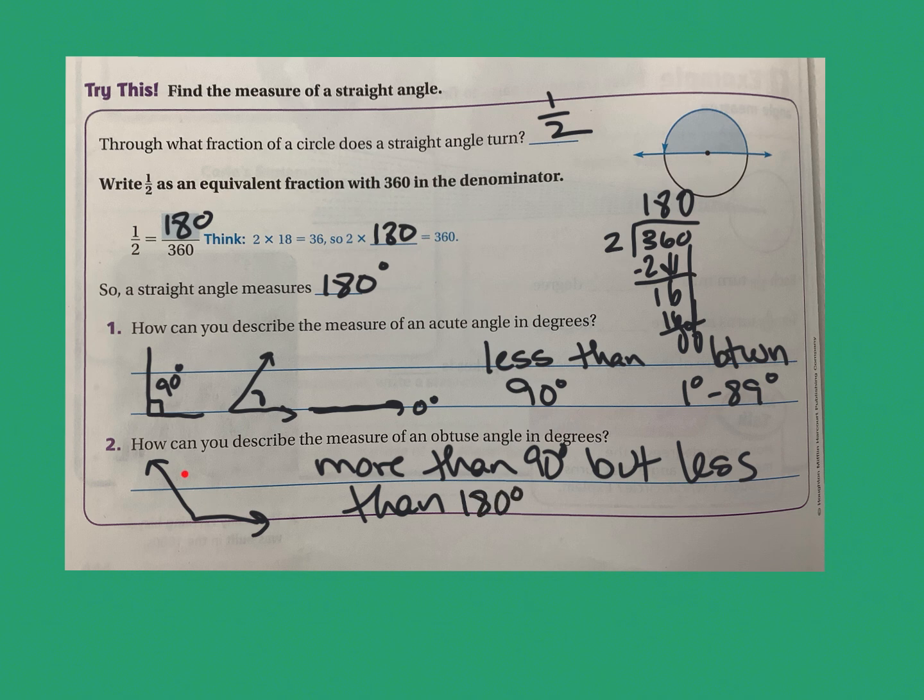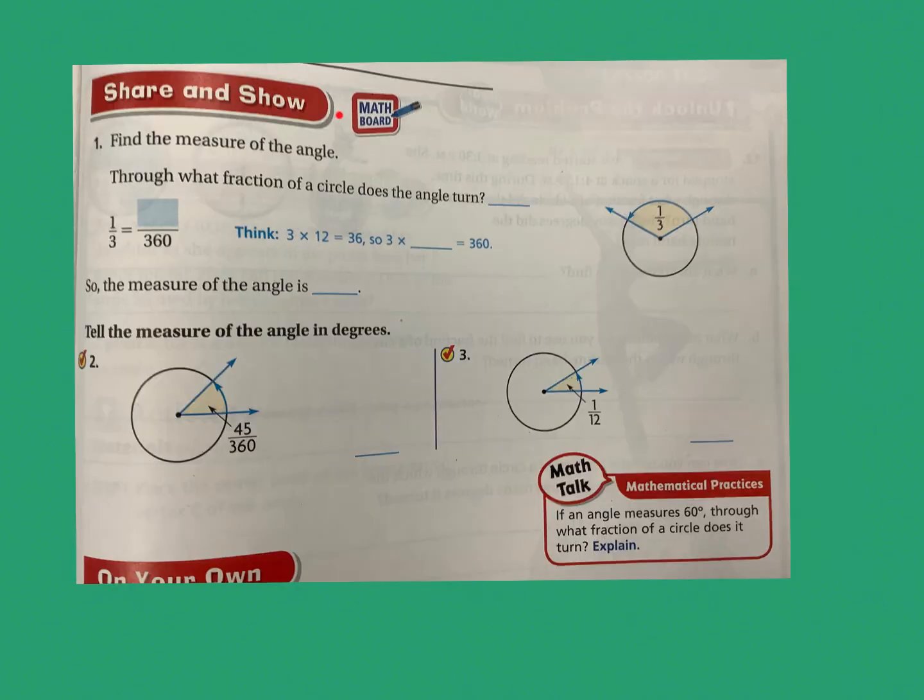Somewhere in between. So 120 degrees could be a possible obtuse angle. 179 degrees could be a possible obtuse angle. Anywhere in between, just past the right angle, all the way down to right before the straight angle.